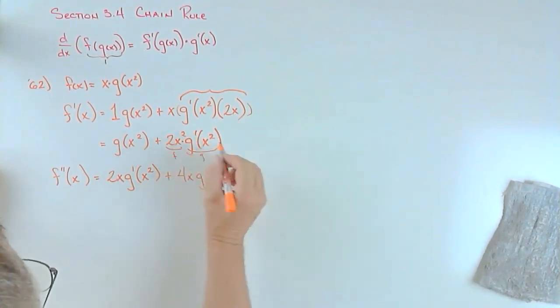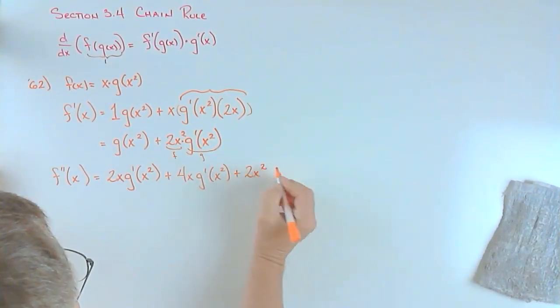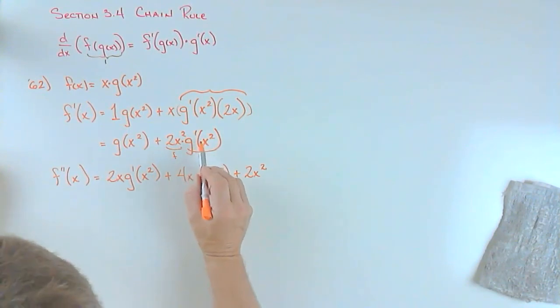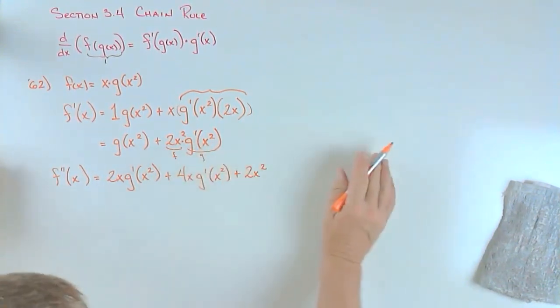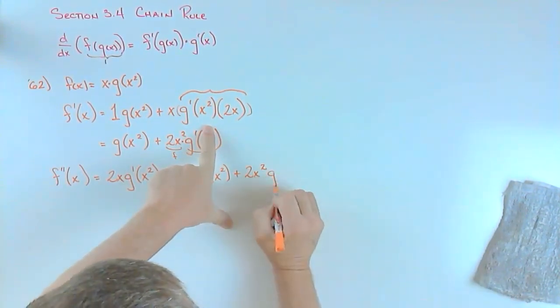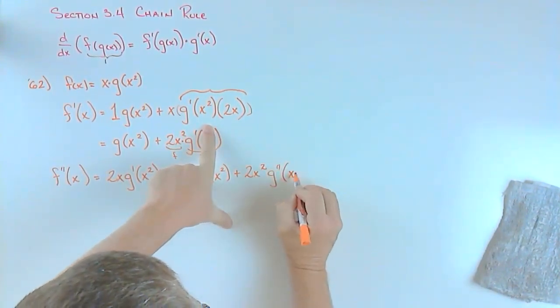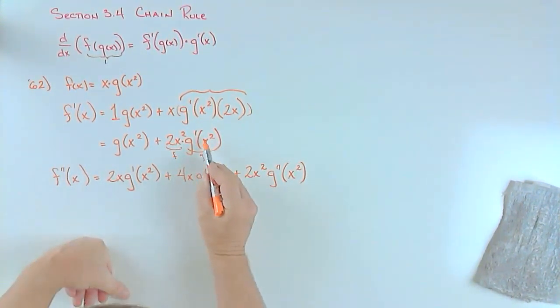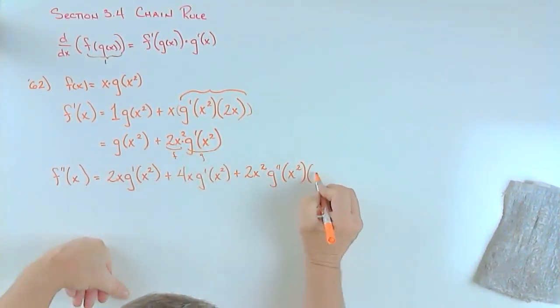Plus, I leave the 2x squared alone. I take the derivative of g prime of x squared. Well, I've got a function with an inside function. The derivative of g prime, g double prime, leave the inside function alone. Now take the derivative of x squared, 2x.